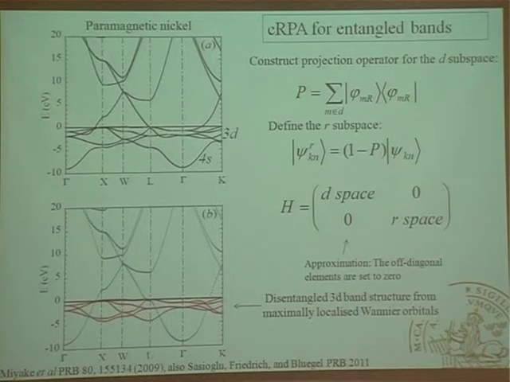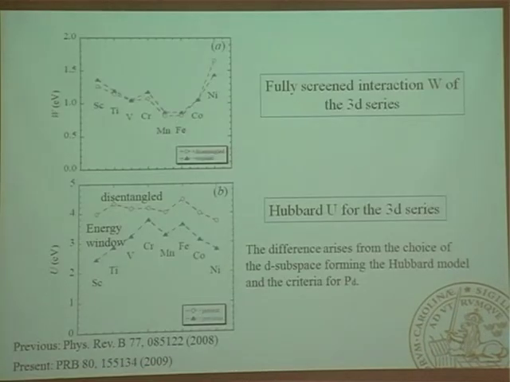We define the D subspace for this. So what is the measure of this? I mean, how do I know that this is good enough, or is it bad, is it good? Well, one way to check this is to calculate the fully screened interactions. So this is a plot of the fully screened interactions. I'm just looking at the on-site component, and probably some average of the diagonal components of the tensor. And we compare the results when we use the original band structure.